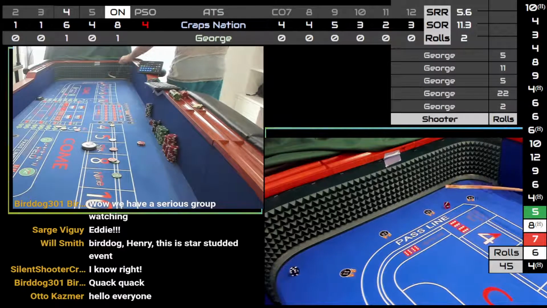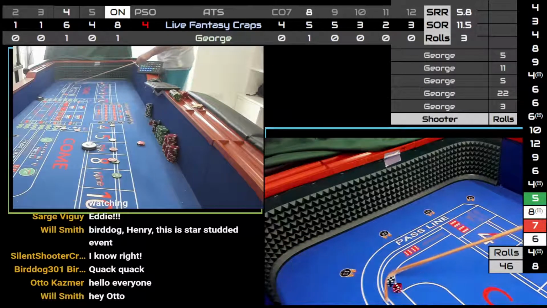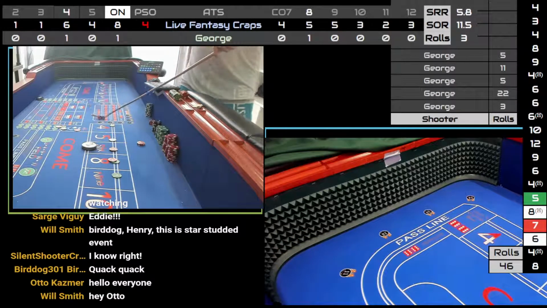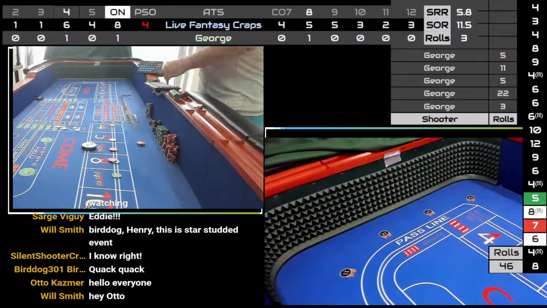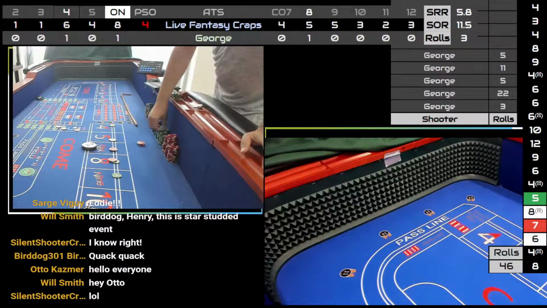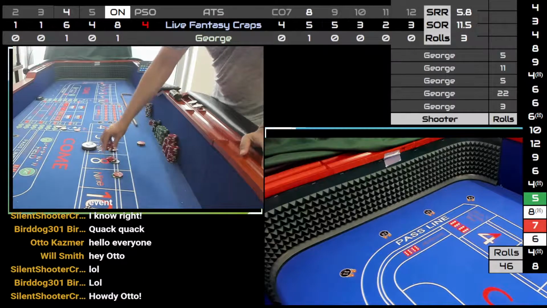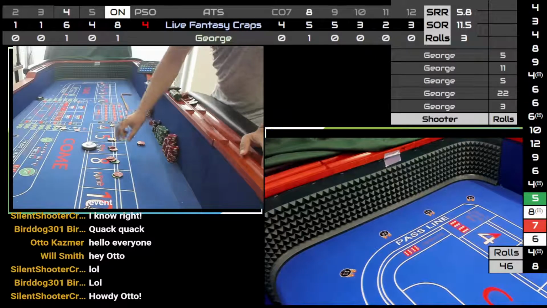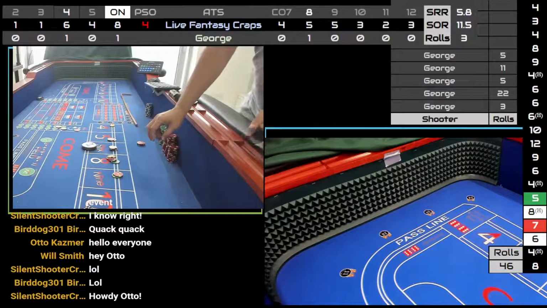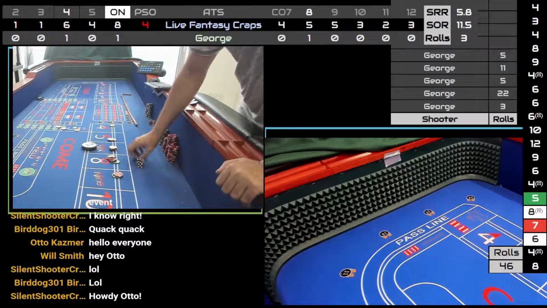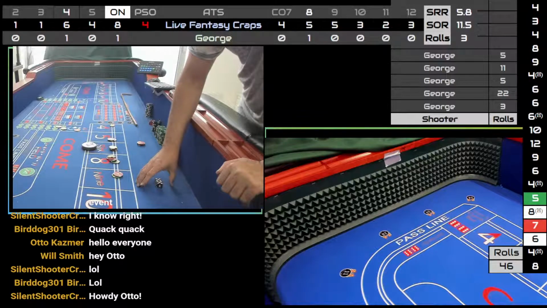On axis second. Let's do a press across. Five, 3, 5, 3.